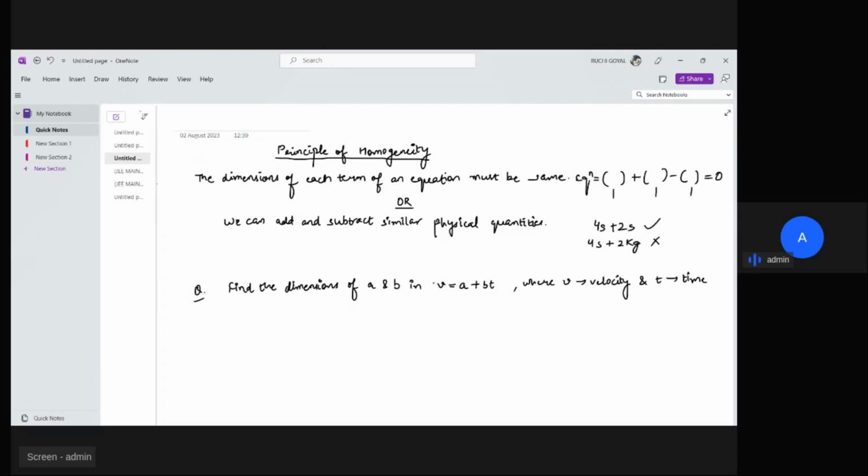So this is a kind of equation, right? How will we solve this to find the dimensions?